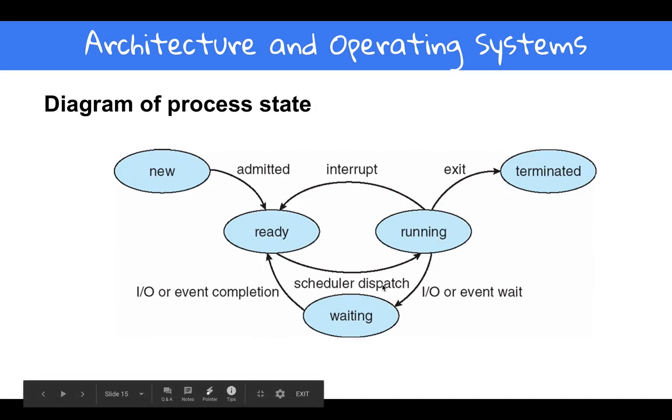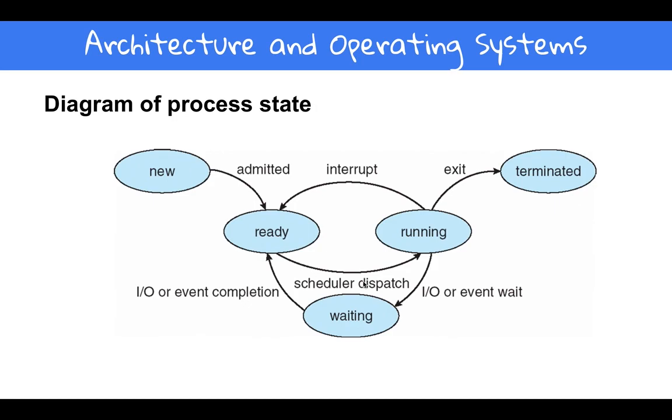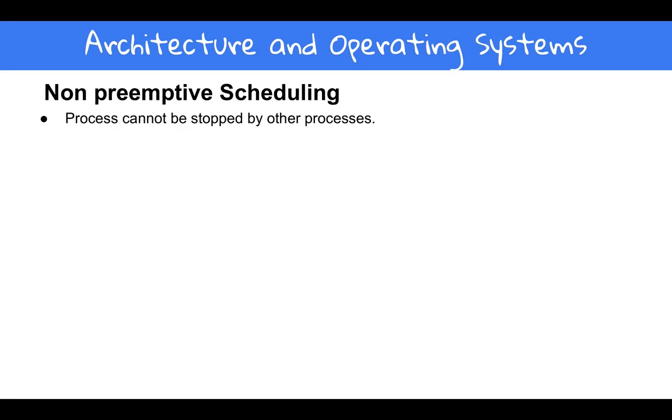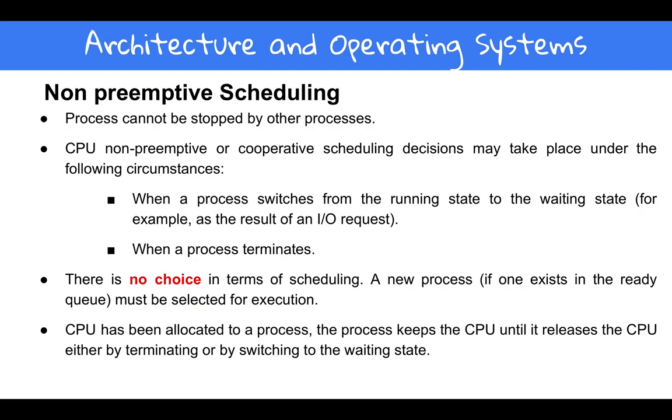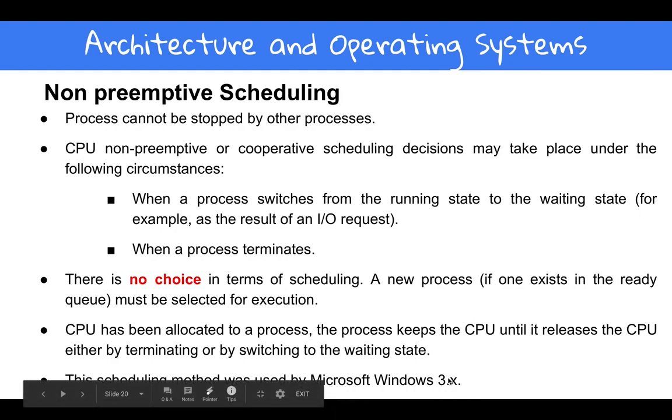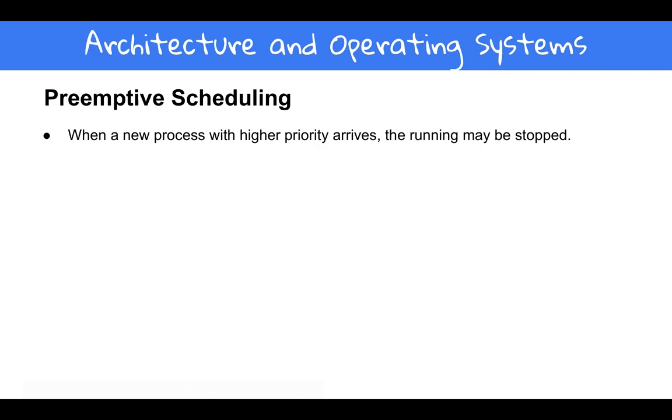So there is no choice for selecting the processes, and we've got to stick to the rules of non-preemptive. I'll give you a numerical example for that and you'll see. As you see, it's not efficient because interrupts are quite important. So the very old Windows, like the Windows 3.x series, used that.